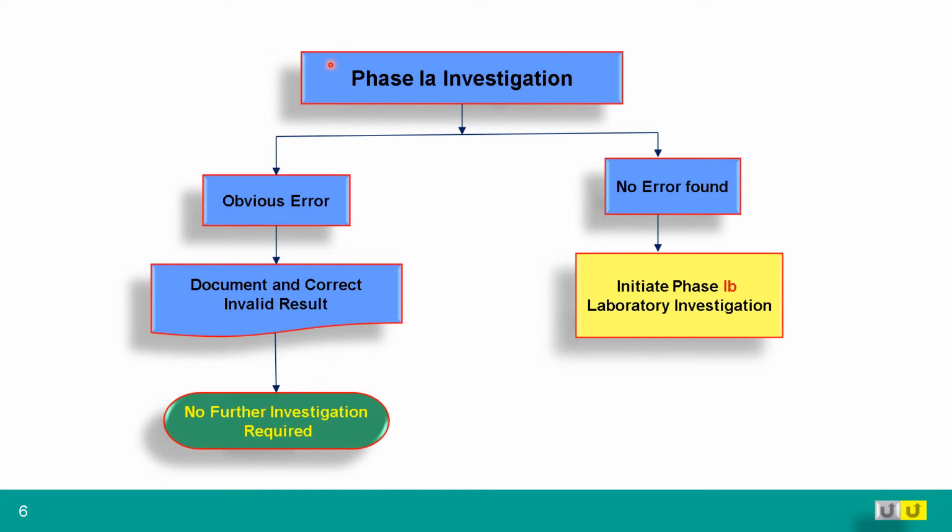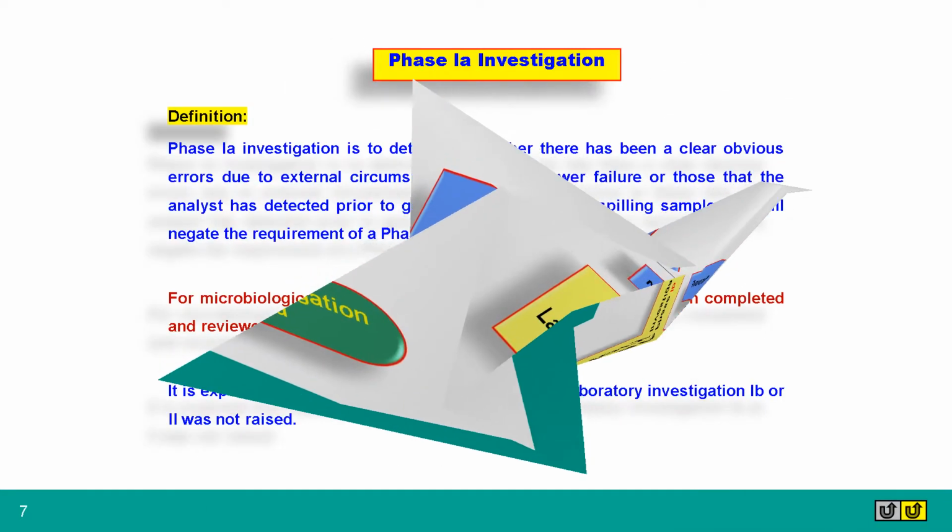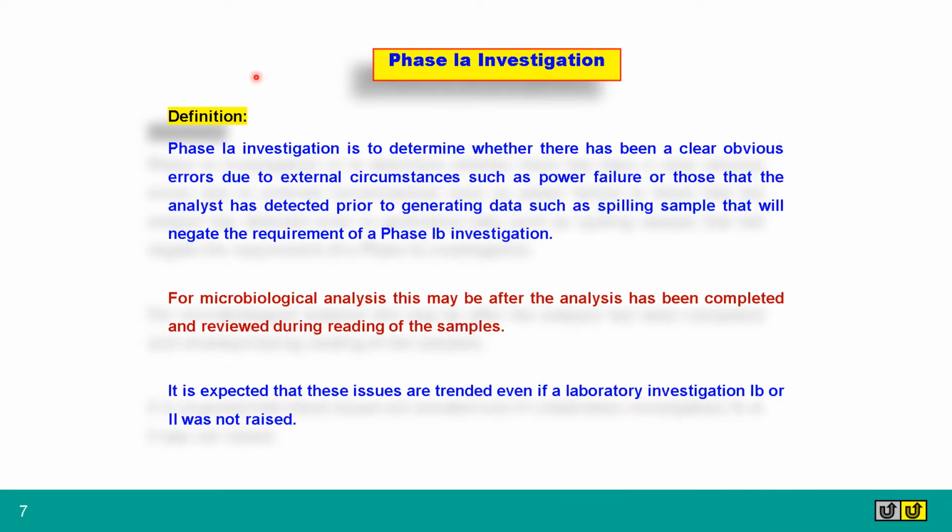Phase 1A investigation. Obvious error. Document and correct, invalid result. No further investigation required. No error found. Initiate Phase 1B laboratory investigation. Phase 1A investigation definition.